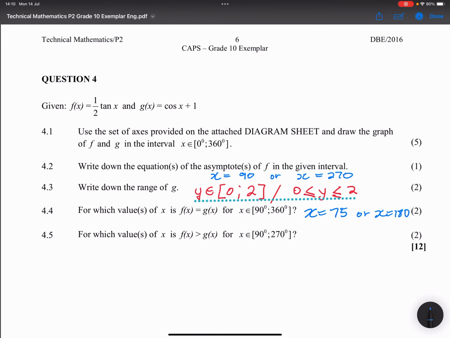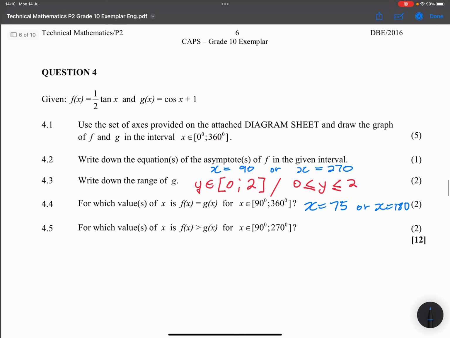Now they say to us, for which value or values of x is f of x greater than g of x for x is an element of 90 to 270. Right, now please, I want you to note, ladies and gents, we want where the blue graph is above the red graph, okay?